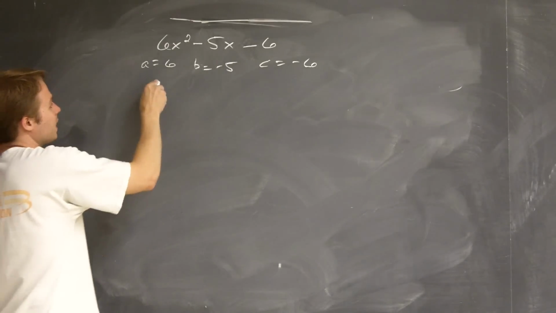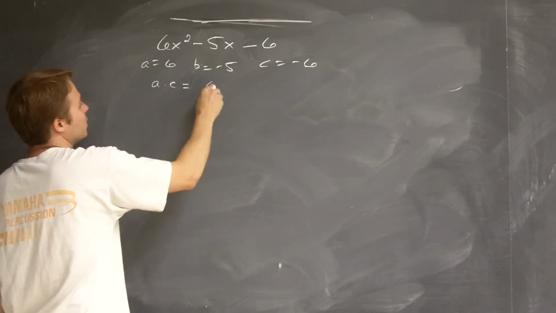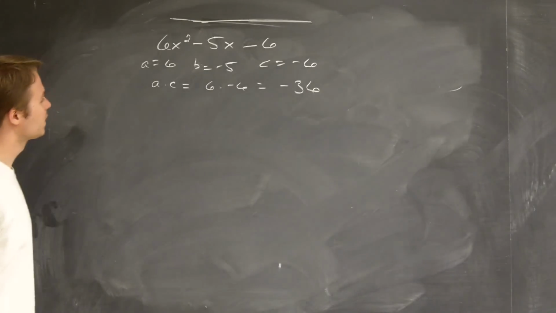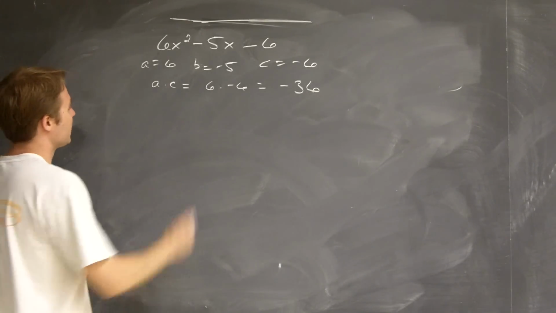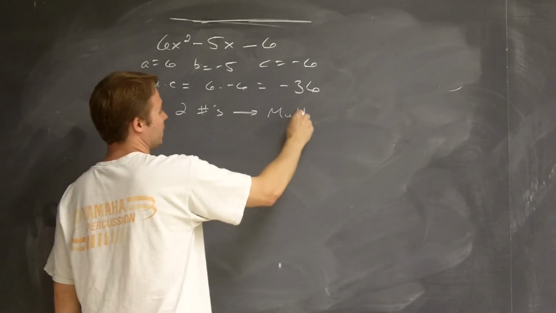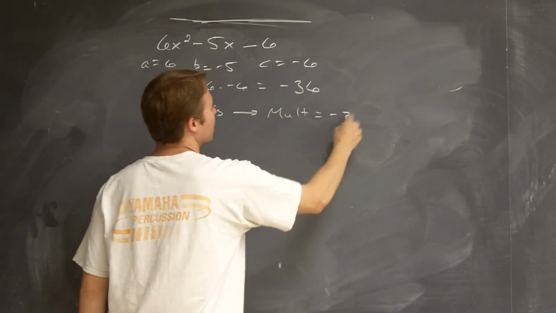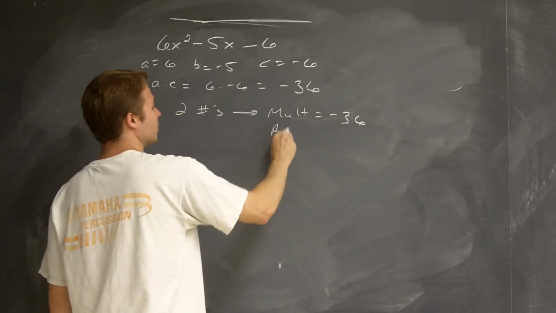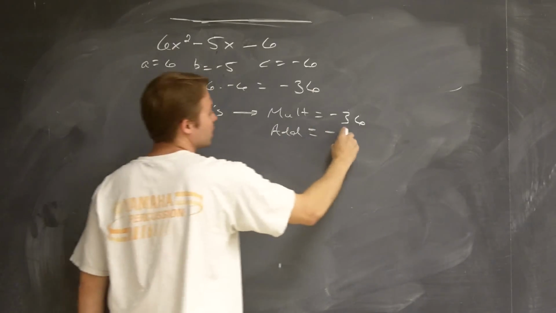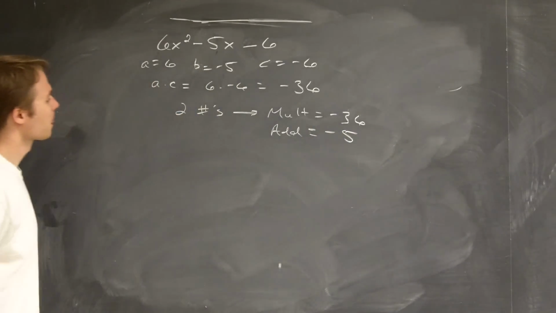First thing we do is take a times c. So 6 times negative 6, so this is negative 36. And I want to find two numbers that when they multiply, they equal negative 36, and when they add, they equal my original b, so negative 5.